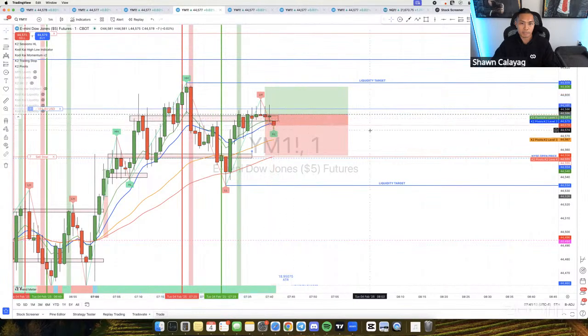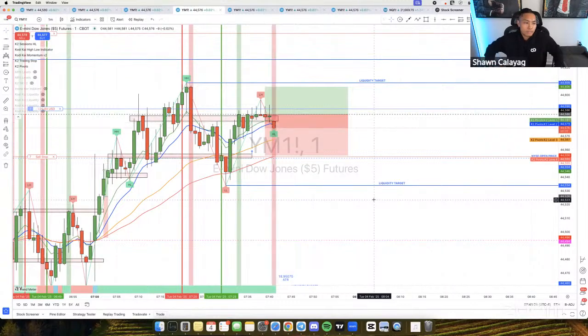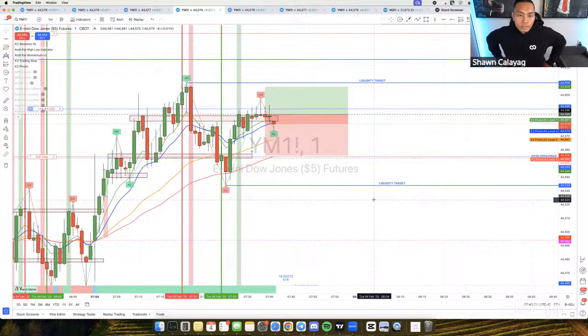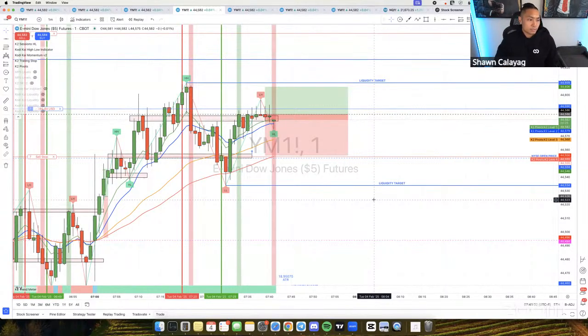And price is still sitting at this upper level consolidation zone. And the volatility is really flat right now. We are getting closer to 8 o'clock, so the volatility tends to die down around this point, but each candle here is super, super flat.